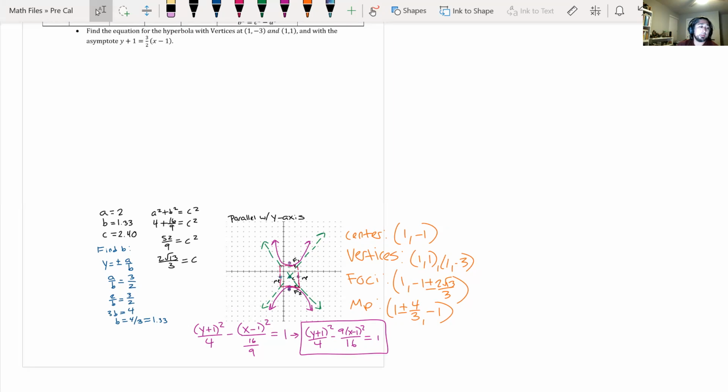How's it applicable? What are hyperbolas actually good for? What is one good example? Like say if they're trying to triangulate where a bomb went off in a war zone, they can do that by using hyperbolas.